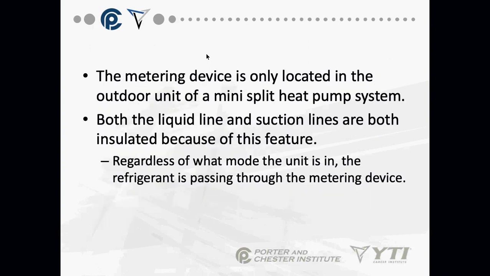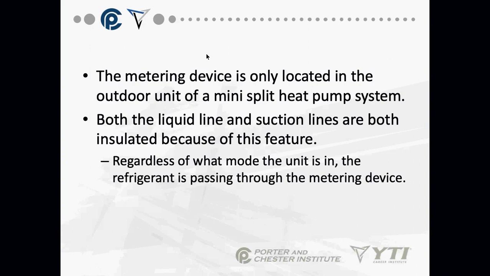The metering device, when you have a mini split system, is only located in the outdoor unit. And this is also important for air conditioning mini splits. The mini split, the metering device is only in the outdoor unit. Both of the lines going to the indoor unit from the outdoor unit should be insulated.